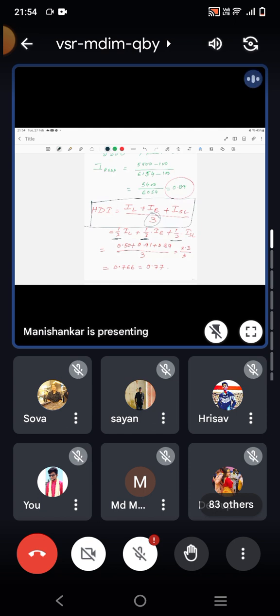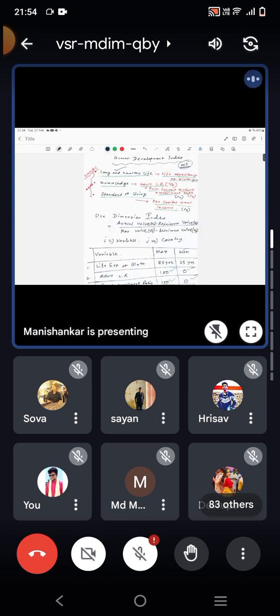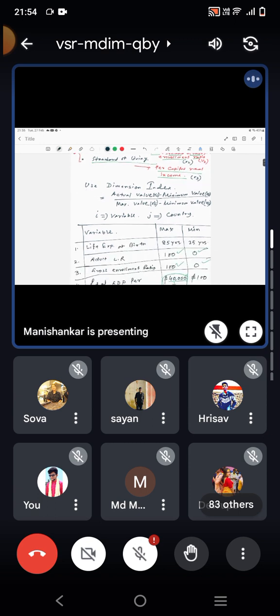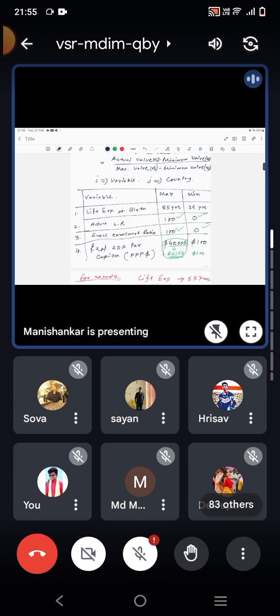Okay, so this is mainly a problem. So HDI's normal introduction, then long and healthy life, knowledge, expectancy, standard of living, then use this dimension index. These are the main values. This has to be covered.